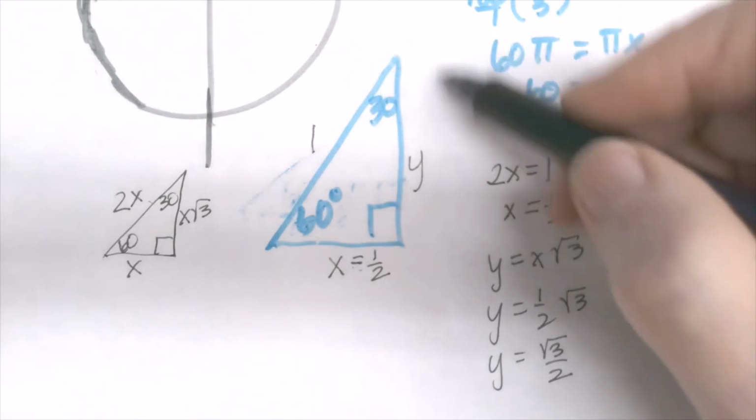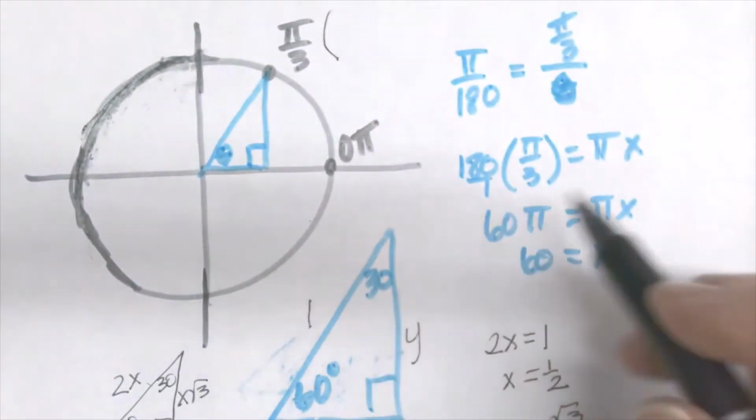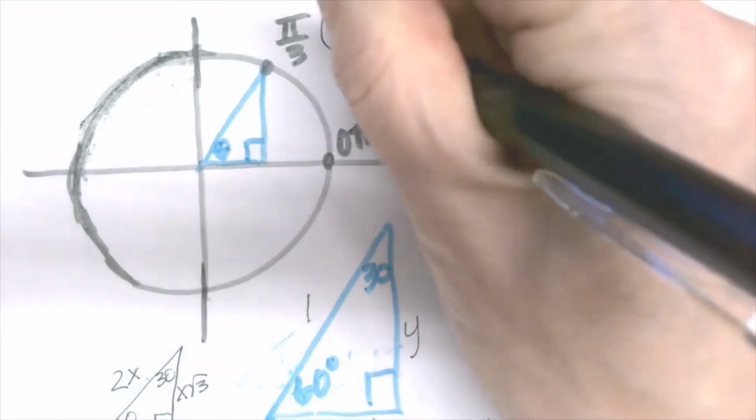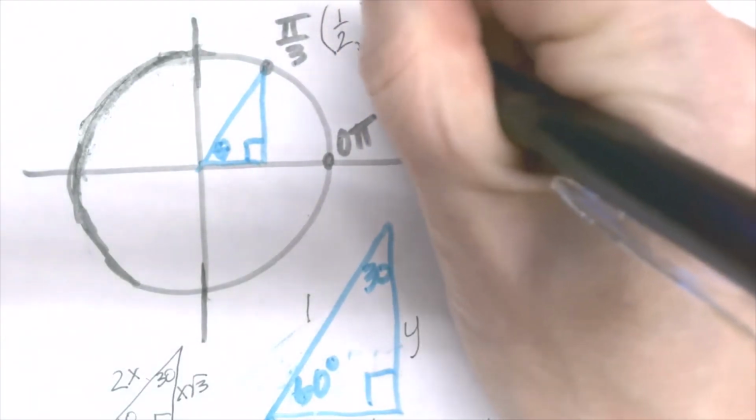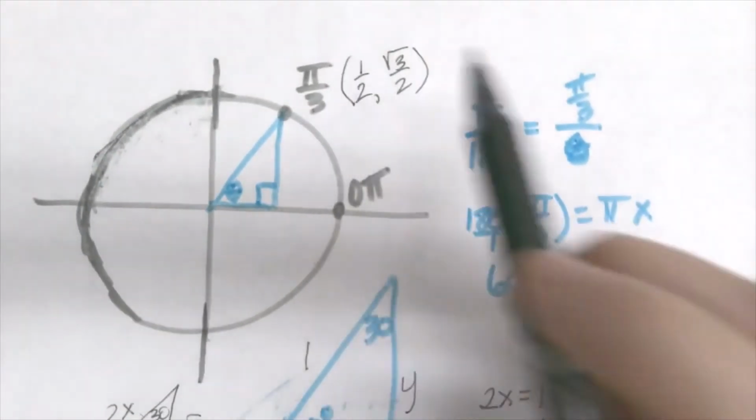So what I've just done is created a point for pi over 3 using the special right triangles. So this is 1/2, square root of 3 over 2. X was 1/2 and y was the square root of 3 over 2.